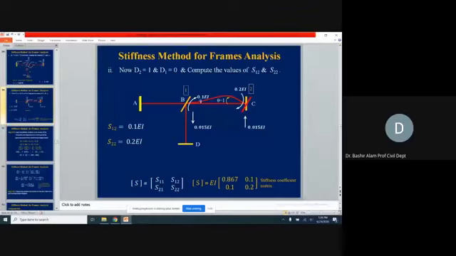And here it is half of that. So now our S12 is 0.1, which is written here, and S22 is 0.2, which is written here. So we have generated our stiffness matrix now.